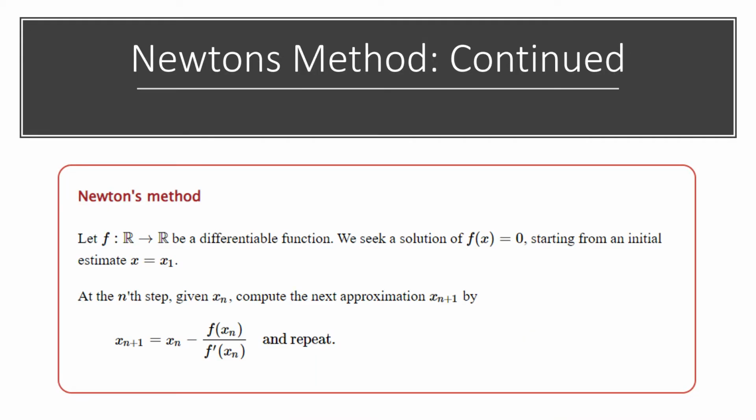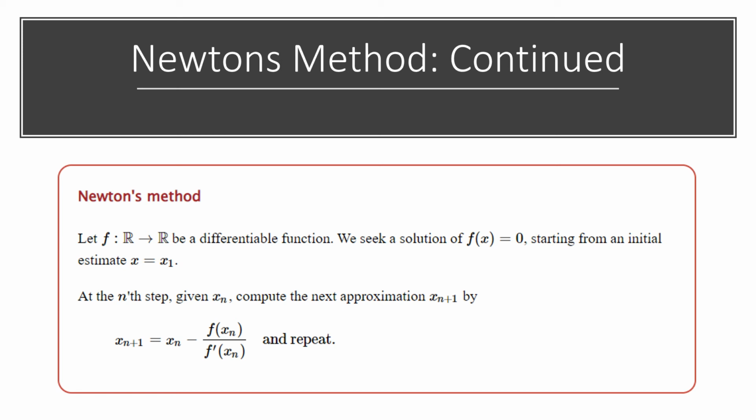So the way I thought about this is I tried giving it the easiest way to think about. In Newton's method, let f be a differentiable function. We seek a solution of f of x is equal to 0, starting from an initial estimate x is equal to x1.